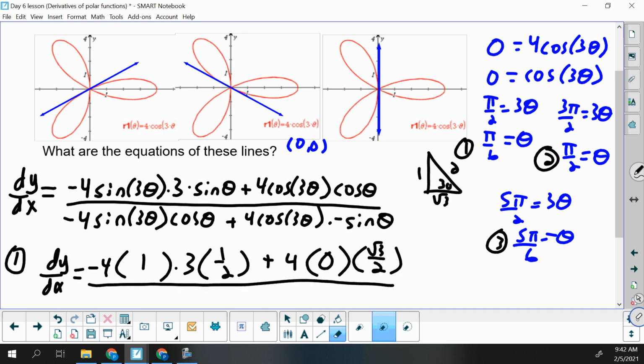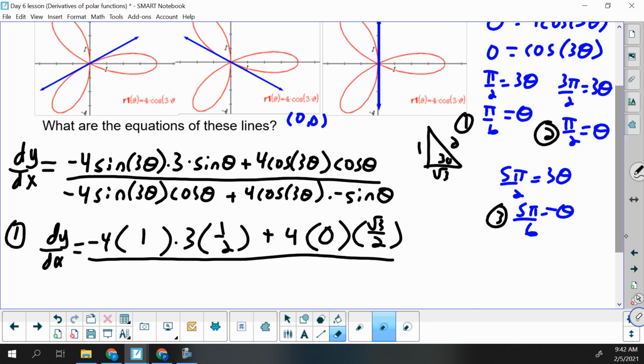In the denominator, we've got negative 4 sine 3 theta again. So we'll start out with negative 4, 1. The cos of, the 3. Did I forget my 3 there? I forgot to write my 3 right here for the chain rule. Sorry about that.